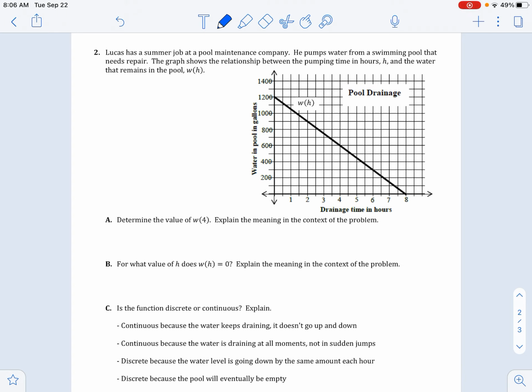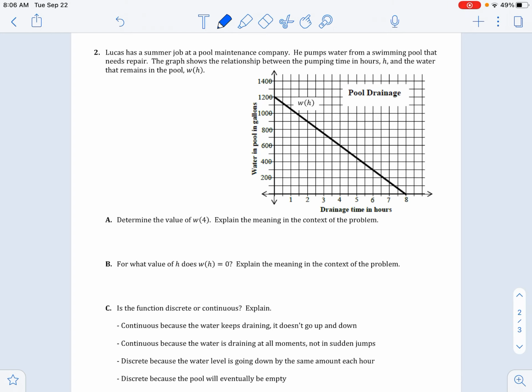All right, the next one here says Lucas has a summer job at a pool maintenance company. He pumps water from a swimming pool that needs repair. The graph shows the relationship between the pumping time in hours, H, and the water that remains in the pool, W of H. Okay, so H is hours, that's the x-axis.